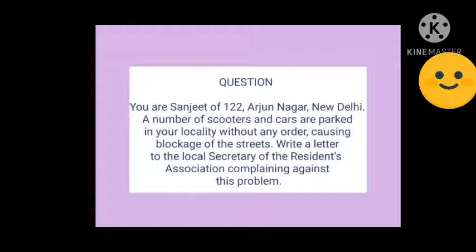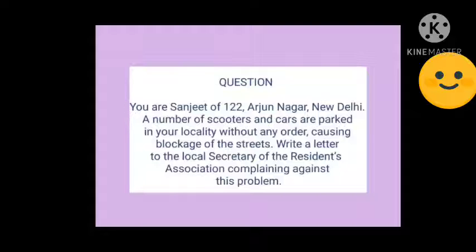Next, let us take a sample question. Imagine this question is being given in the examination. How are you going to draft a complaint letter about this? Let us read it. You are Sanjit of 122 Arjun Nagar, New Delhi.